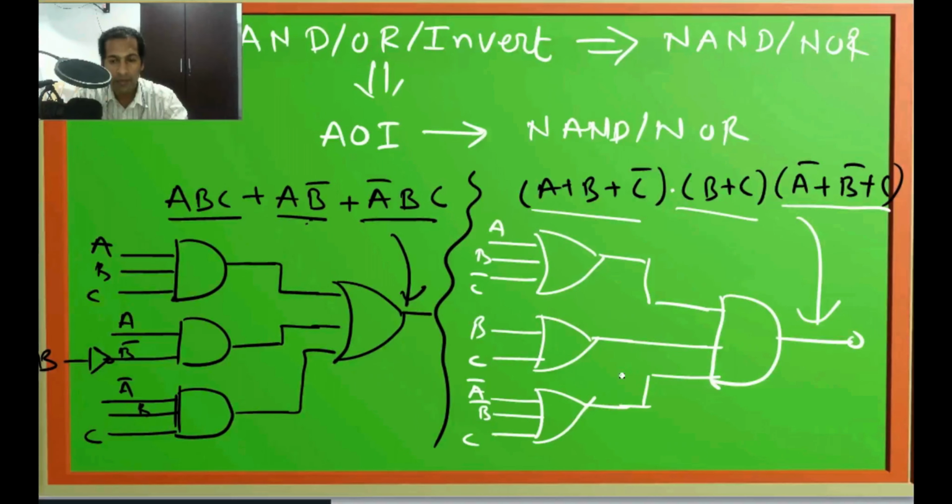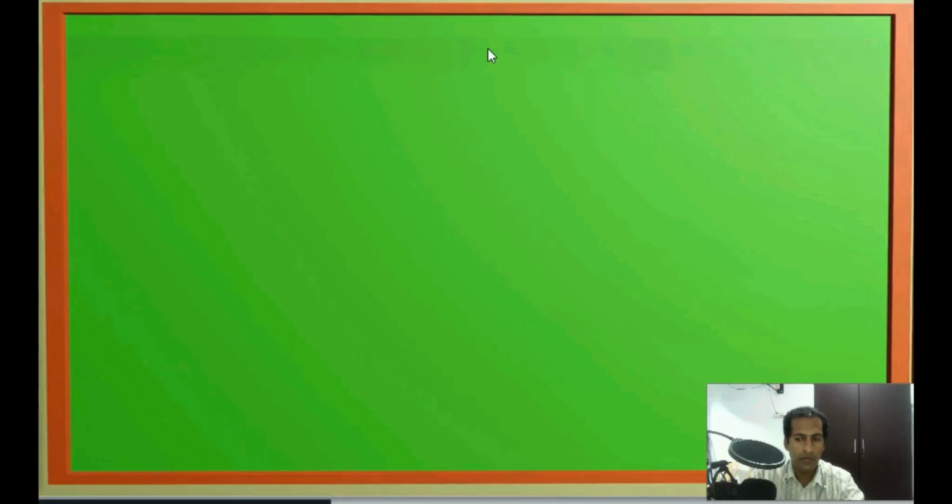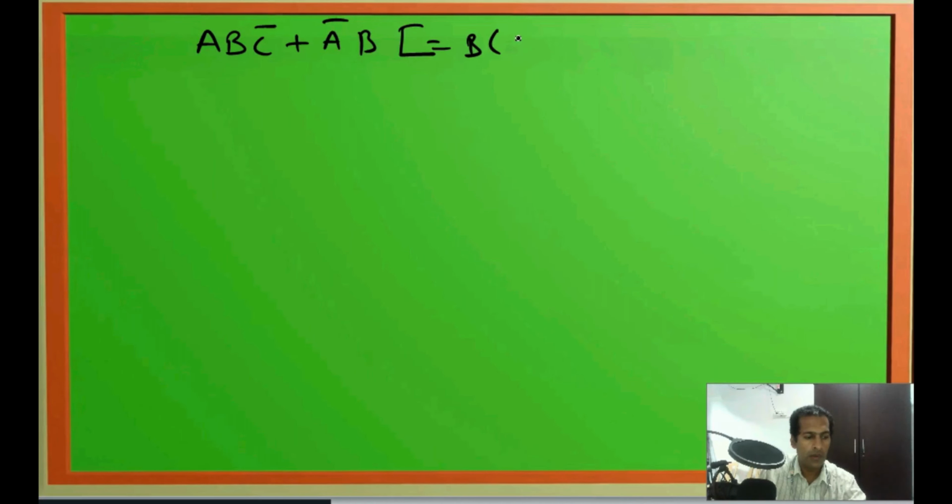Now let us see some hybrid form. Say in hybrid form we have one expression, A, B, C bar plus A bar, B, which is B times A bar plus A bar, C. So first we will see the AC bar.